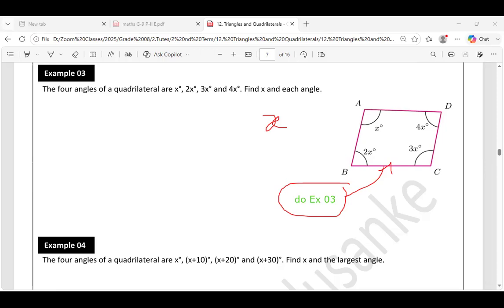Iritra is also saying 36. Let's see as well.